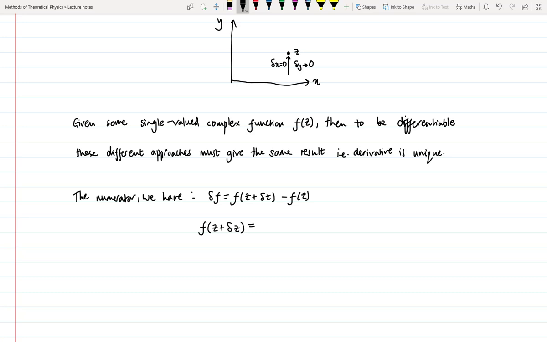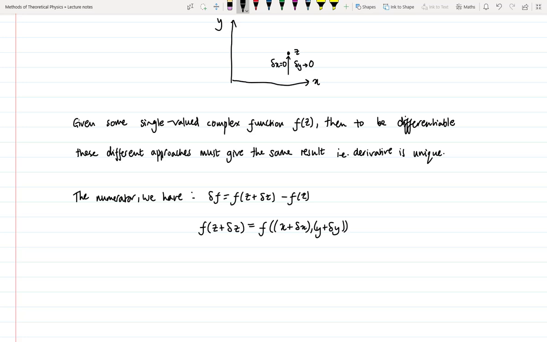And we also know that we can think of a complex function of a single complex variable as a complex function of two real variables. So we can rewrite this as f of x plus delta x and y plus delta y.